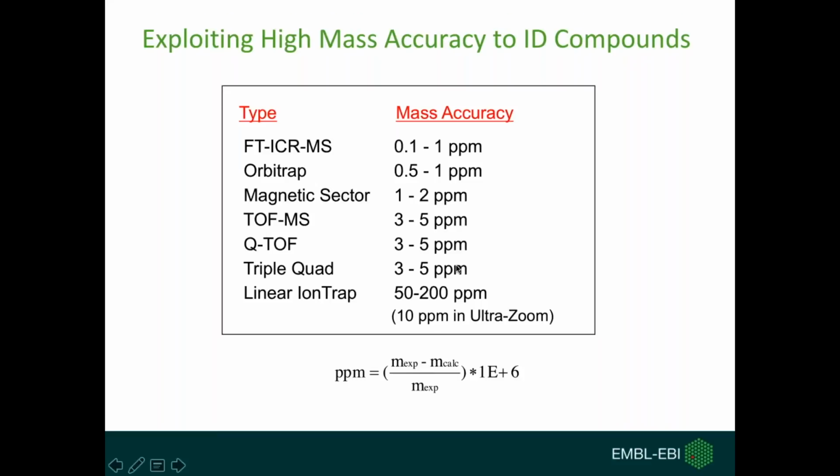So the file sizes, which I haven't put in this slide, which I borrowed from somewhere, I can't remember, the complexity of the information also goes up the higher resolution you have. So with FT-ICR-MS, the complexity and the size of the data is far bigger than a linear ion trap or a triple quad equipment.